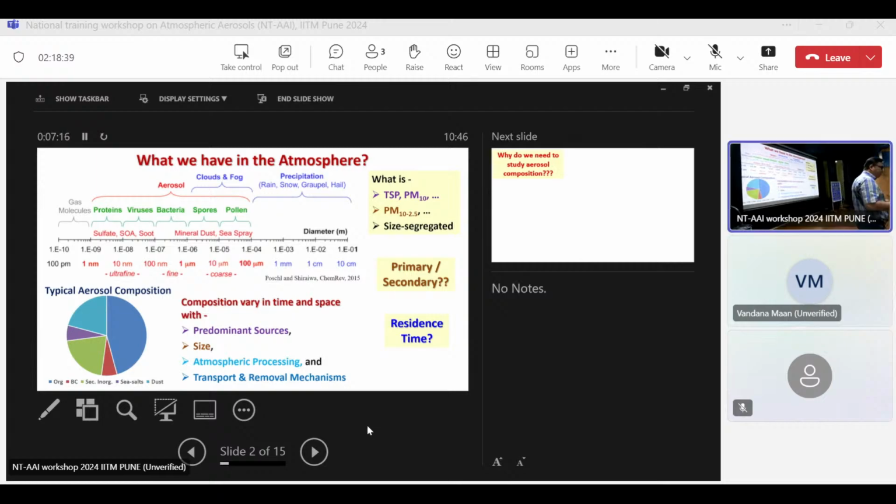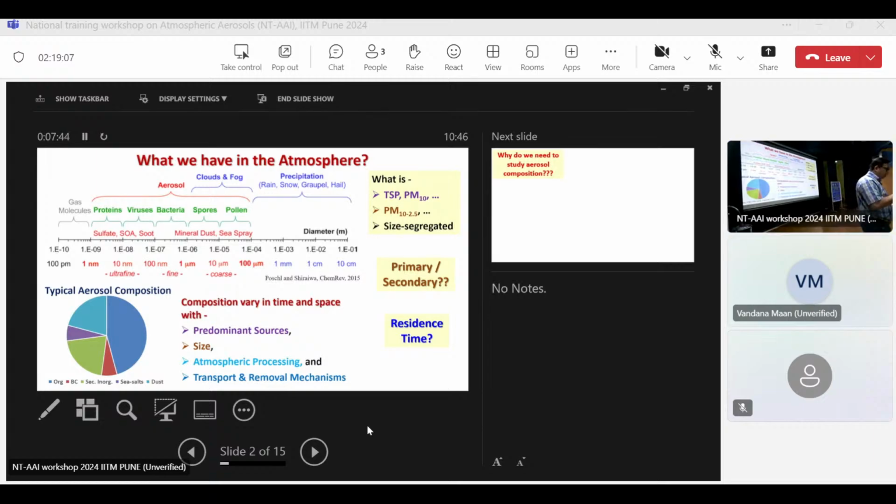Even within the day, say we are here in IITM, if you go and measure the atmosphere, the morning concentration will be different, afternoon will be different, night will be different. So it changes with time, and from place to place. And what decides that? Obviously, first is the dominant source. What are the sources in the surroundings? Then size of the particle.